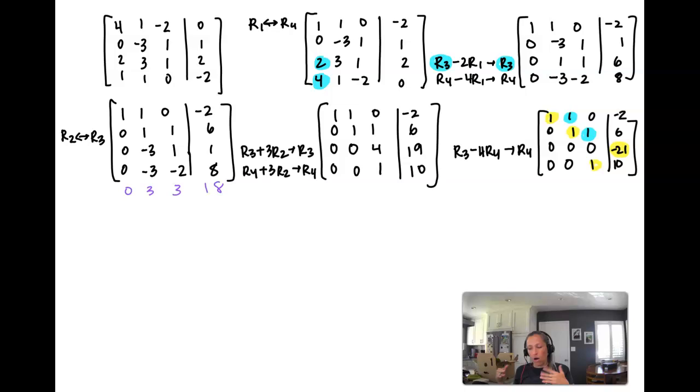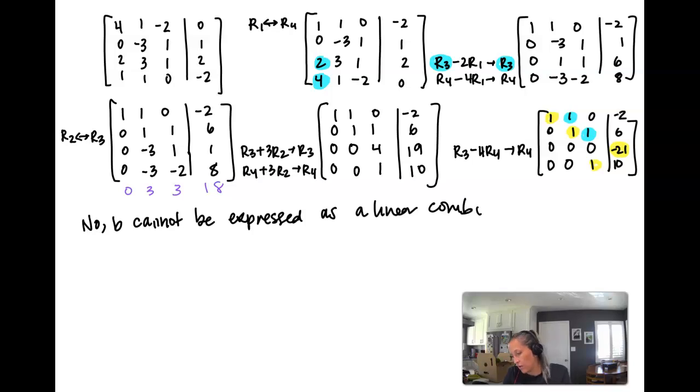It should be a 1 as well. But that negative 21, none of that matters in terms of solving this particular problem, right? In terms of this problem, no, B cannot be expressed as a linear combination.